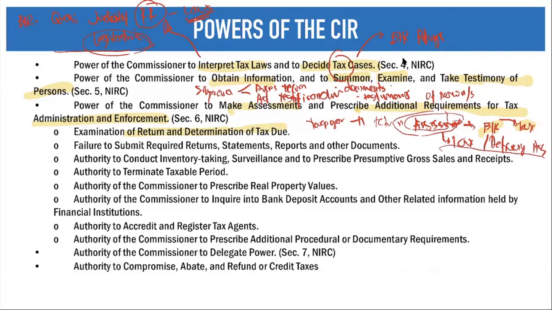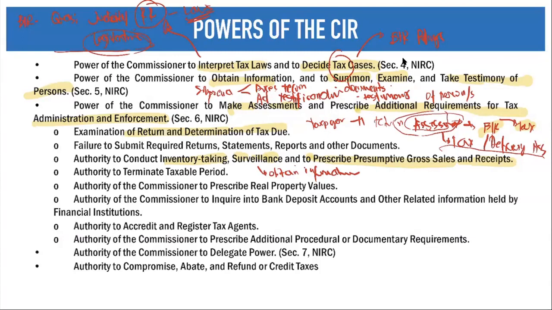Next, the authority to conduct inventory taking, surveillance, and to prescribe presumptive gross sales and receipts. Inventory taking or surveillance is one of the functions of the BIR, of course, to obtain information, which we already discussed, that will be used to assess a particular taxpayer. Next, they can prescribe presumptive gross sales and receipts. What are these?